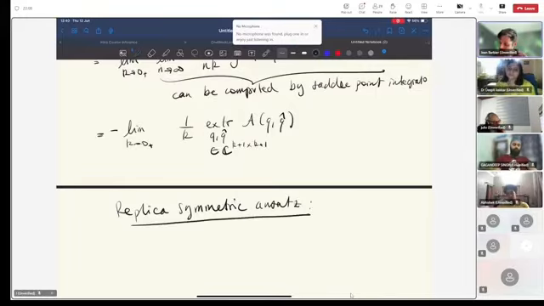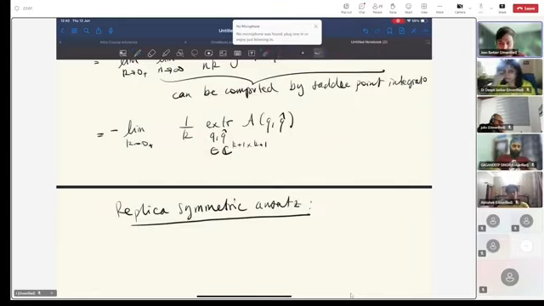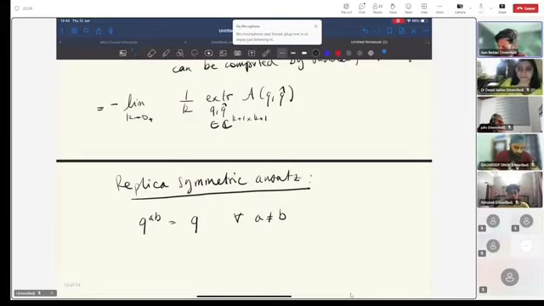So the replica symmetric ansatz is the assumption that the extremizer of this action, of this function, takes a special form, which is Q_AB equal Q for every A different than B, and V for A equal B. So it's a matrix of the form V on the diagonal and Q on the off diagonal, and it's k plus 1 by k plus 1.